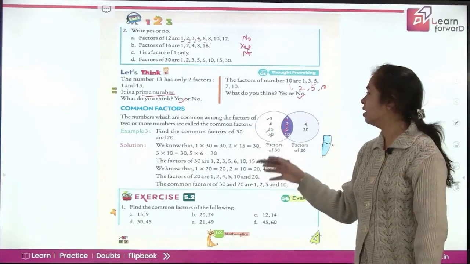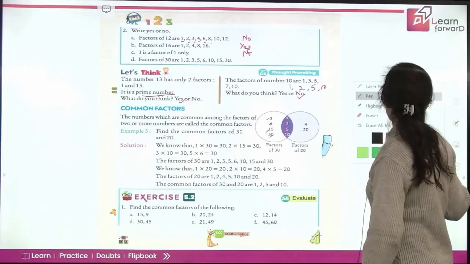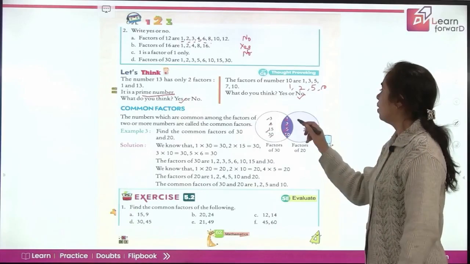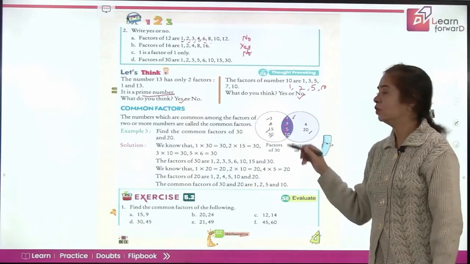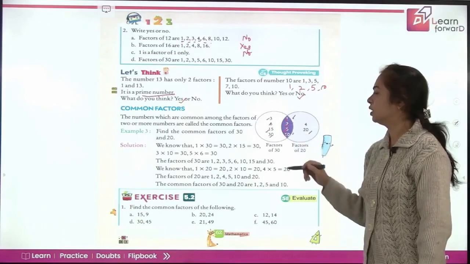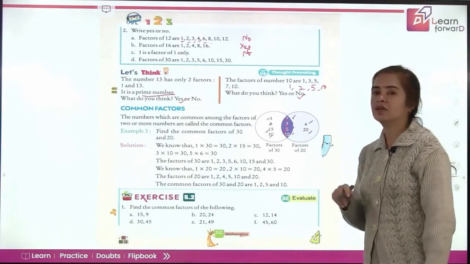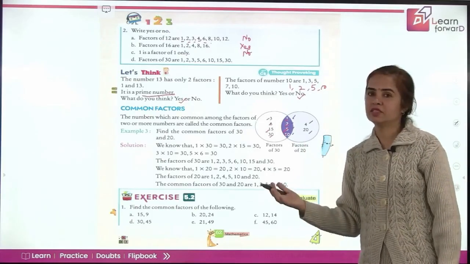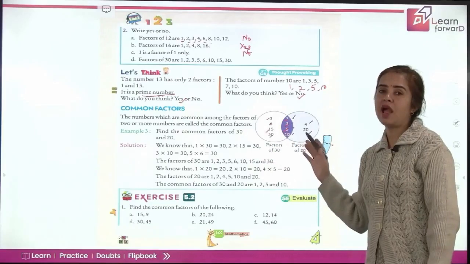Let's list the factors of 20 now. We'll take another color for it. 1, 20. 2, 10s are 20. Okay, so they are here. 3, not possible. 4, 5s are 20. It's done. Your search ends here. So here we have listed the factors of 30 and 20.